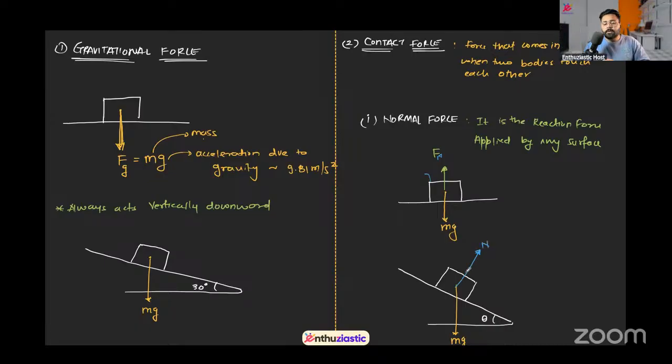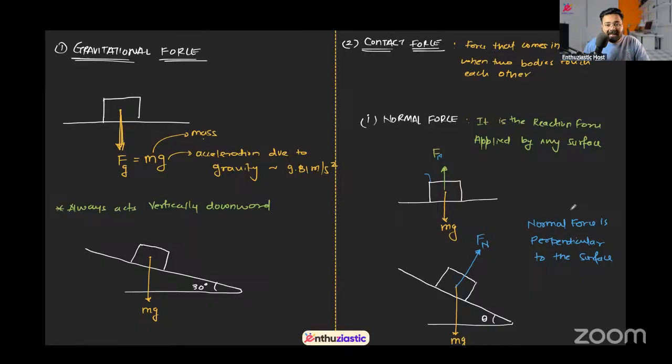It will act here. This force is perpendicular to the surface. Let me write it as Fn. Normal force is always perpendicular to the surface. All right, so that is your contact force.